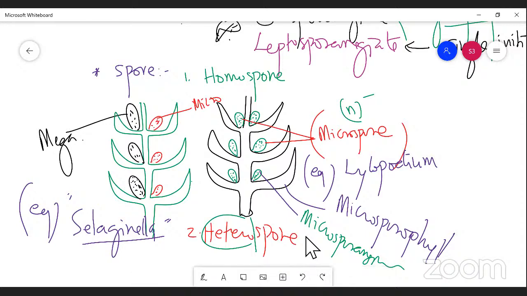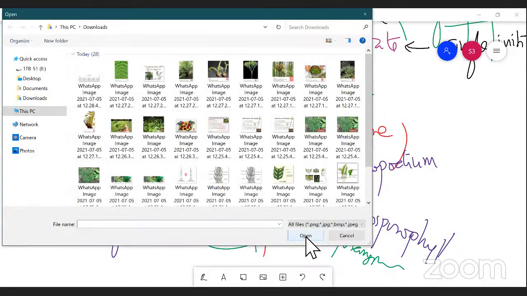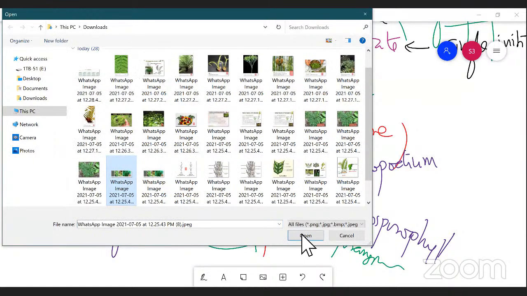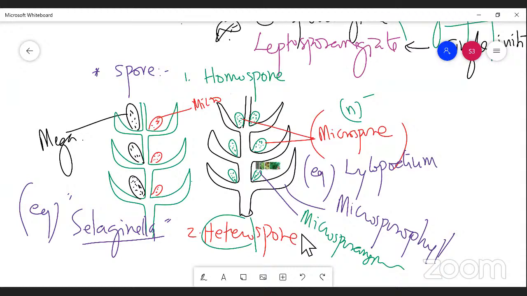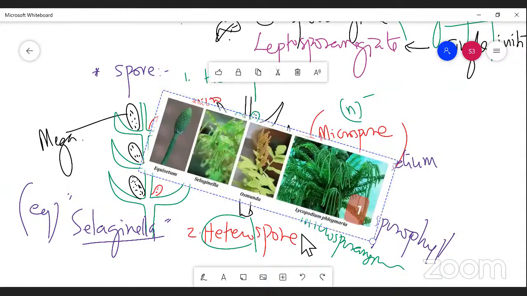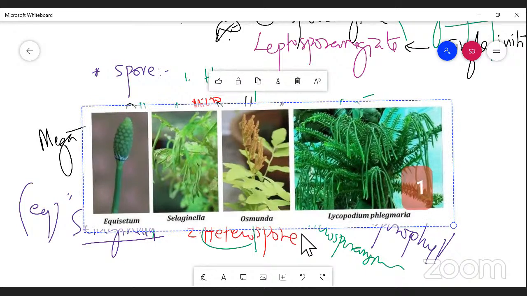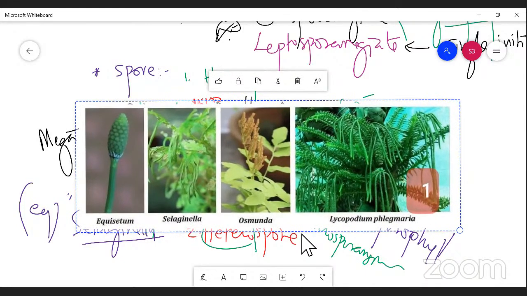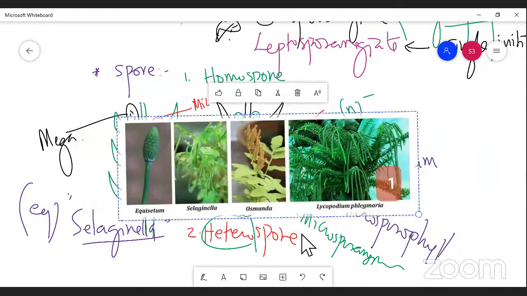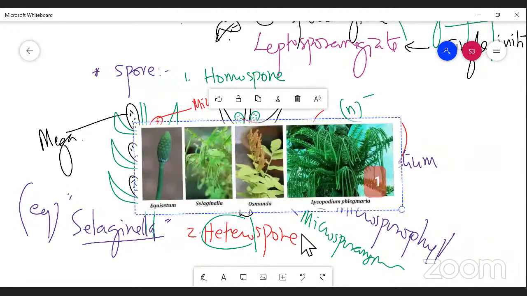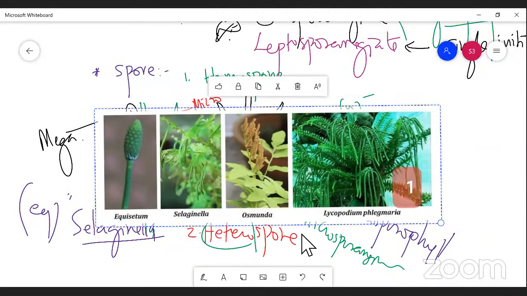Now I am going to show you examples of Lycopodium and Selaginella. The first one is Lycopodium, the second one is the Selaginella plant, which is an example of heterospory, right?